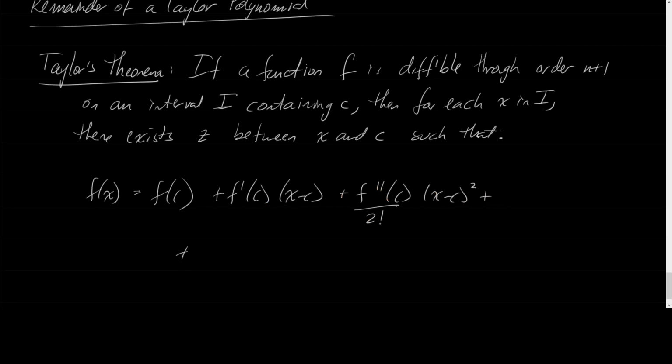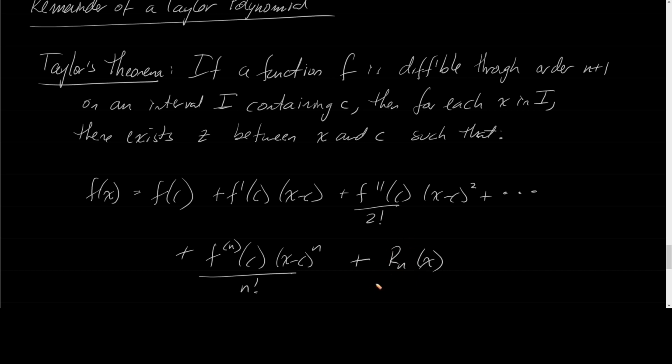Keep going with that pattern, right? Plus the nth derivative of c times x minus c to the n over n factorial plus r sub n of x. And here that r sub n means our remainder.